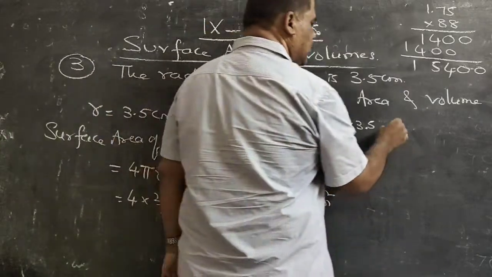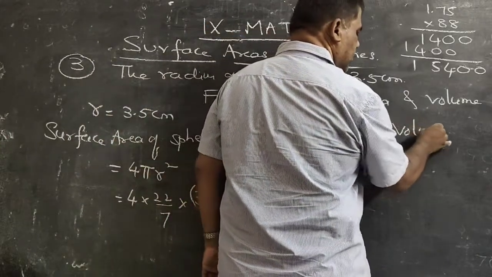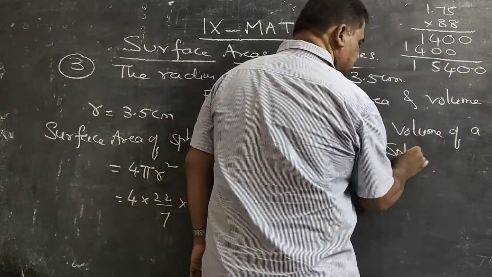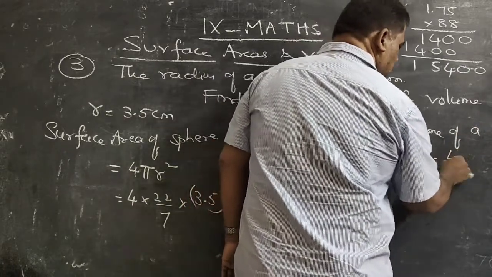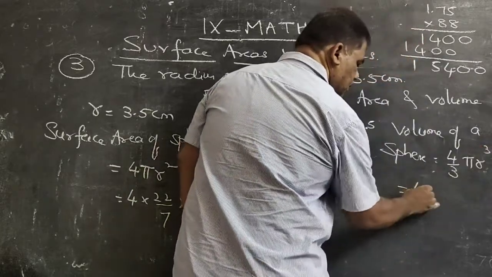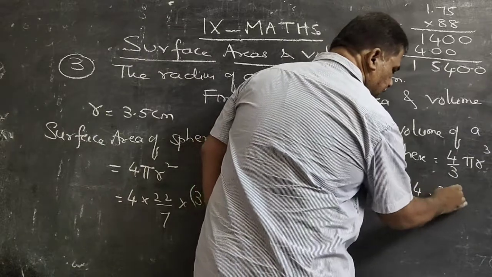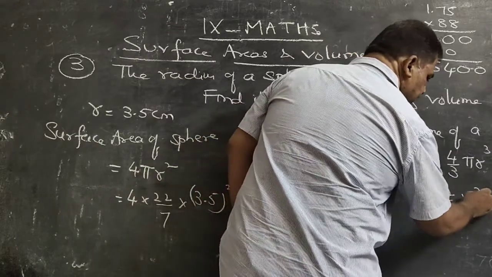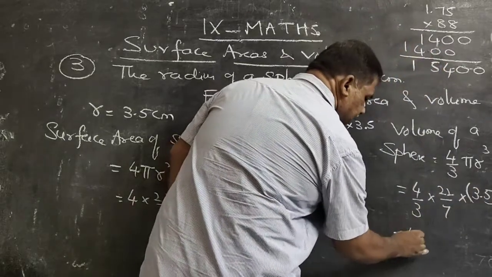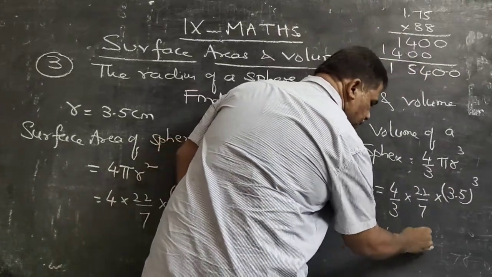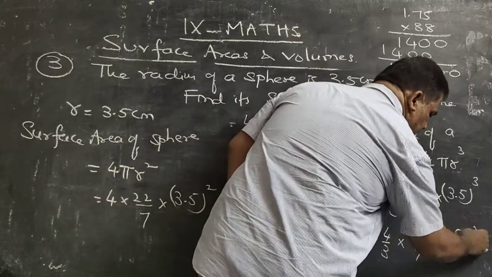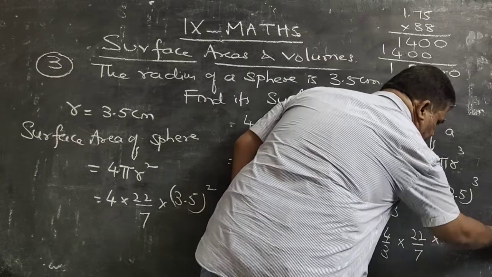Now we should find out volume. So volume of the sphere. Volume of the sphere formula is 4 by 3 pi r cube. 4 by 3 pi is 22 by 7. Radius is 3.5, so whole cube. It is 4 by 3, 22 by 7. This is 3.5 whole cube means 3.5 3 times you have to multiply.